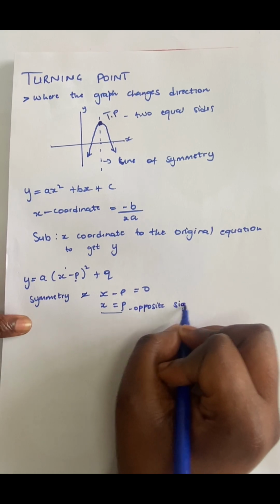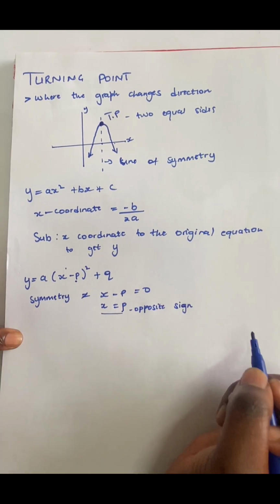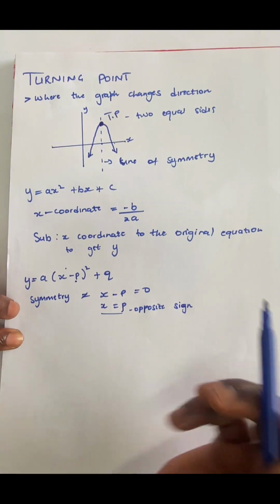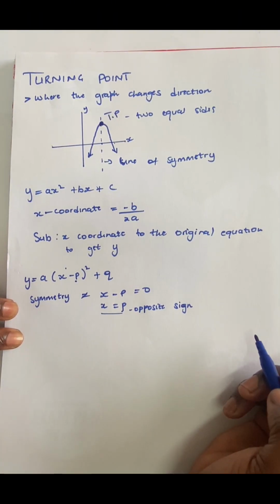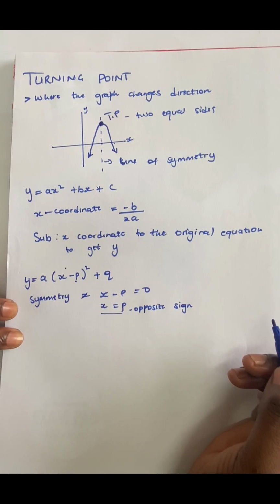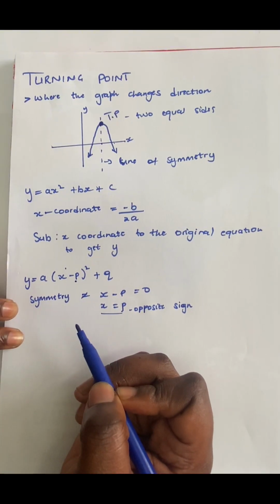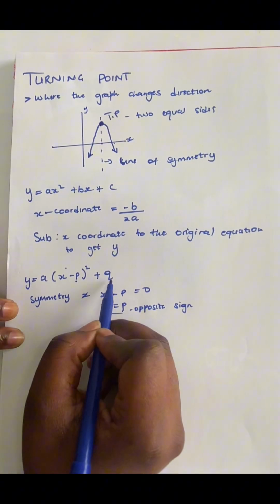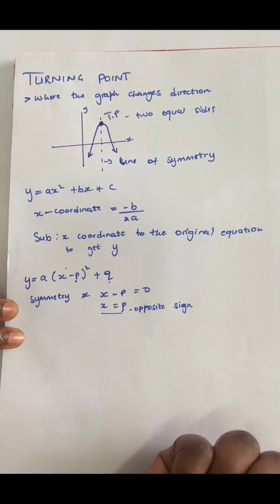What does this mean? It means that when you are seeing this equation, you should know that you are already given a coordinate of a turning point. So this will be your x coordinate of a turning point, and then this will be your y coordinate of a turning point in this standard form.